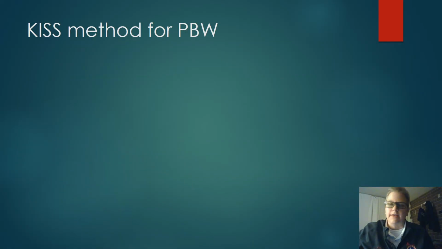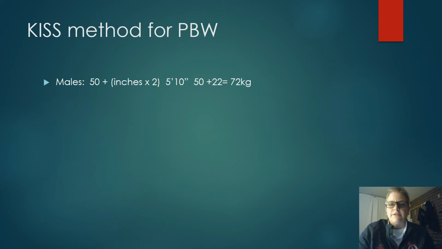All right, I like the KISS method with anything. So KISS method for predicted body weight. Instead of doing the 2.3 kilos, multiply by however many inches above 5 foot. If we just knock off that 0.3, it's going to be a very negligible difference.